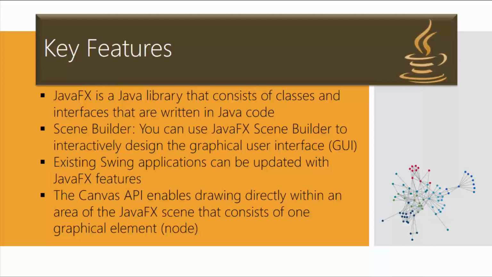Existing Swing applications, and here's the real benefit by the way, can be updated with JavaFX features. So for instance, the Canvas API enables drawing directly within an area of the JavaFX scene that consists of one graphical element, which is also known as the node. So when we work with the scene builder, we'll talk about something called a node.